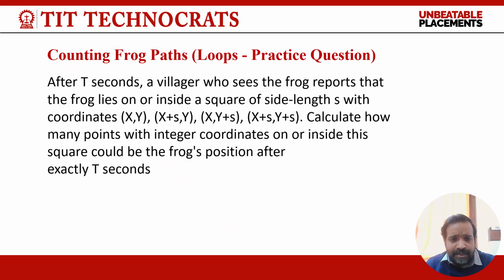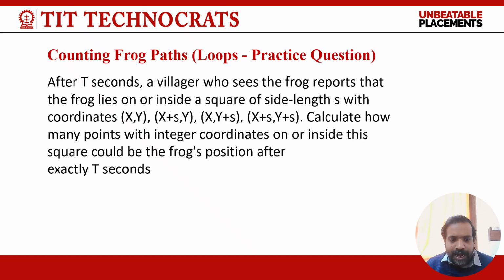After t seconds, an observer who sees the frog reports that the frog lies on or inside a square of side length s. The corners of the square can be x, y; x plus s, y; and x plus s, y plus s.